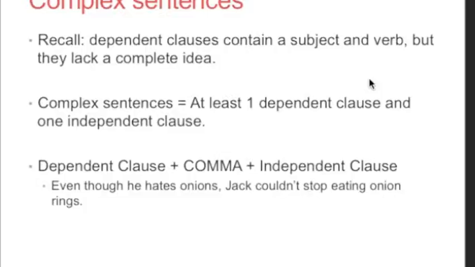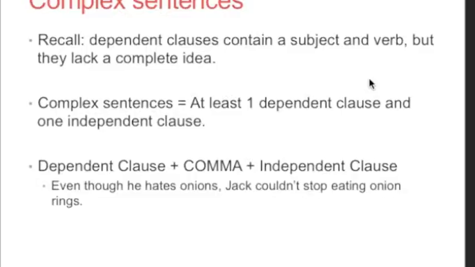Right, so you see the independent clause, Jack couldn't stop eating onion rings. That can stand alone. It makes sense, with a verb, a subject, a complete idea. However, if you just take the dependent clause by itself, "even though he hates onions," you can hear that the idea is not complete, even though it has a subject of he and a verb of hates. Okay, so you can see there I started with the dependent clause, went into the independent clause, and I've separated the two with a comma.